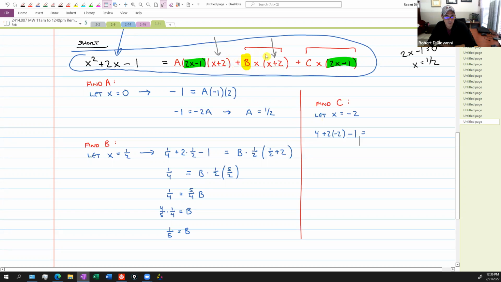We've killed off these two, so all I have to do is plug -2 in there next to the c. The 4 and the -4 cancel, so I get -1 on the left again. Over here, I get c times -2, and then -2 times 2 is -4, minus 1 is -5. So we get -1 equals 10c. So c is -1/10.